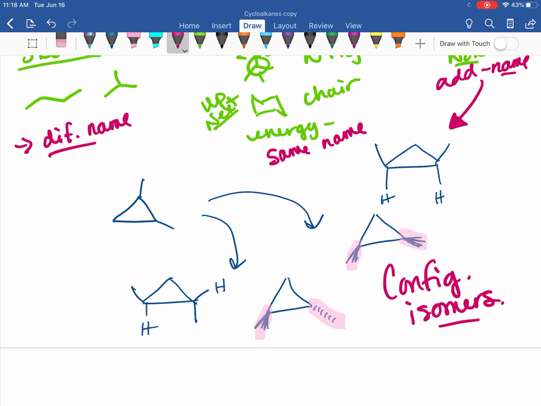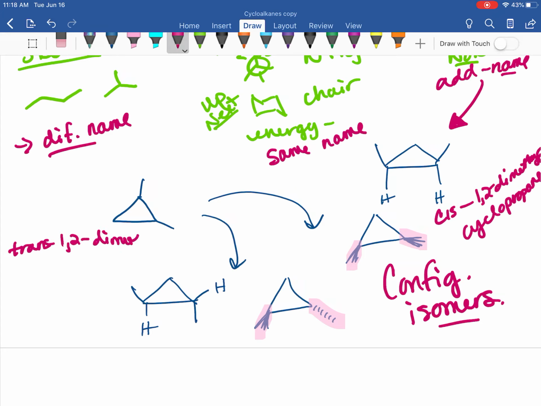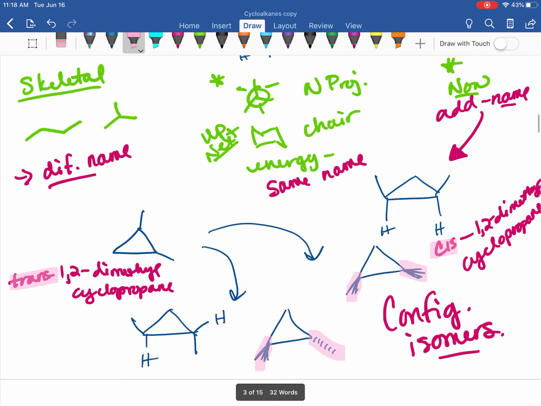So in this case, we're going to add cis out front of our dimethyl cyclopropane. And in this case, we're going to add trans out front. So our configurational will always be out front of the name.